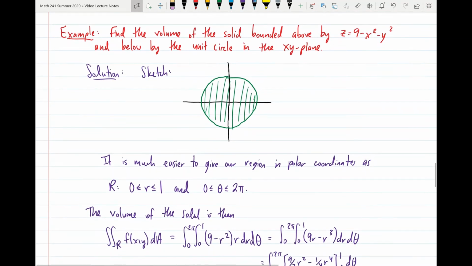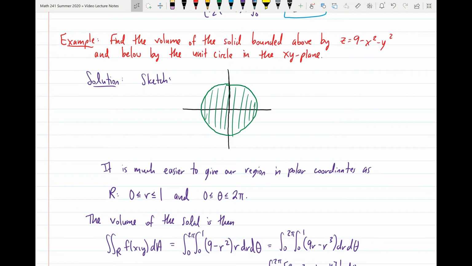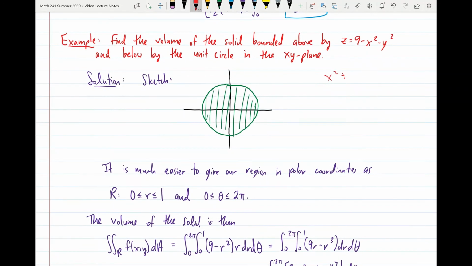And in this case, it ends up being much easier to give our region in polar coordinates as opposed to Cartesian coordinates. So we know that in Cartesian coordinates, the unit circle is going to look like x squared plus y squared is equal to 1. And when we write it like this, it looks pretty nice.